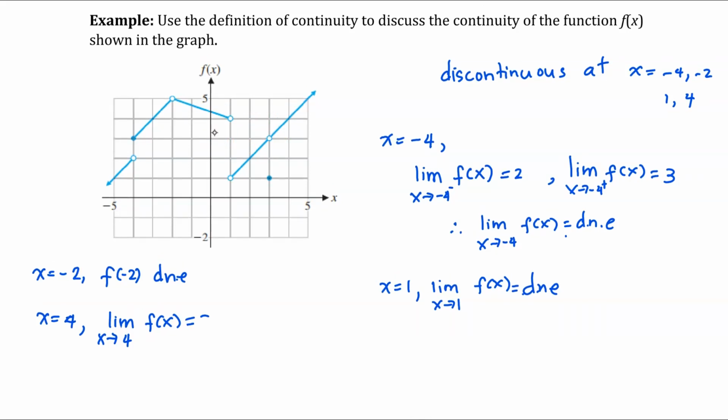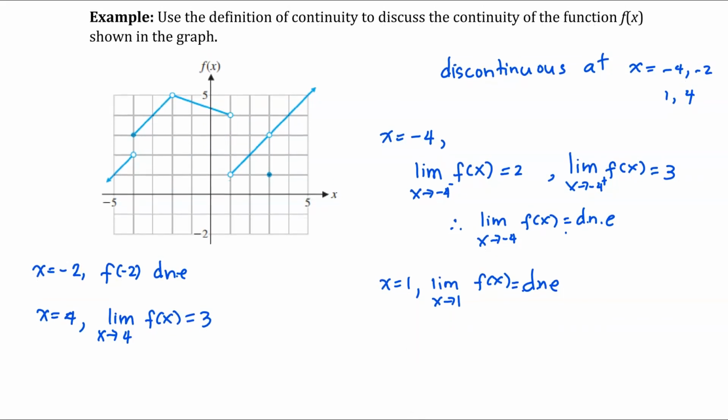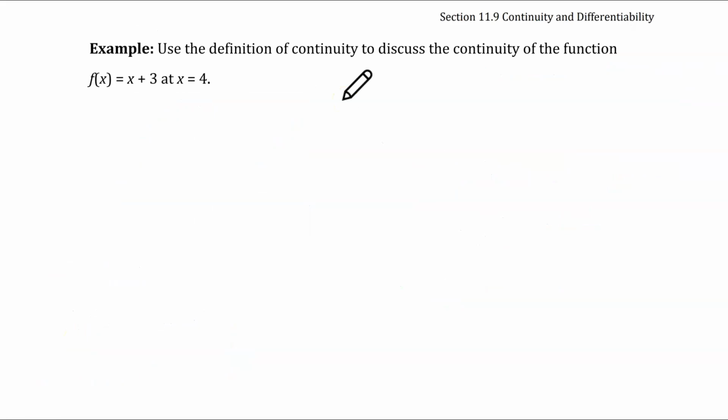So we say that the limit exists. But if you look at the value of the function at x equals 4, f of 4 is equal to this point here, which is equal to 1. So these two are not equal. So since these two are not equal, then we say that the function is discontinuous at x equals 4.